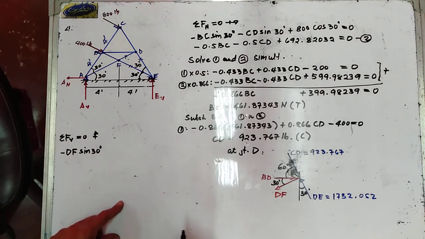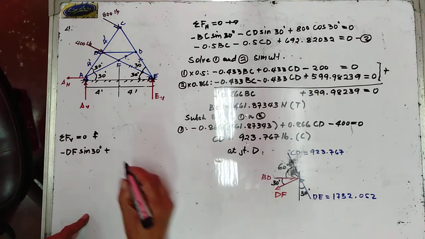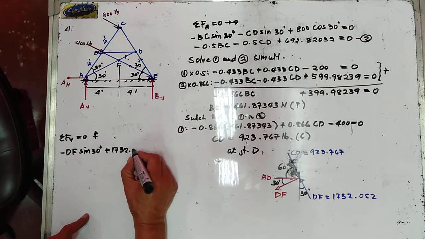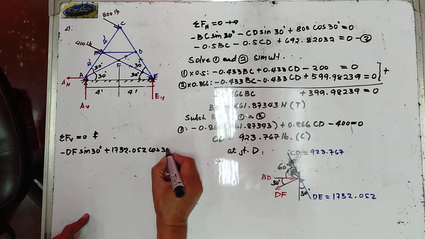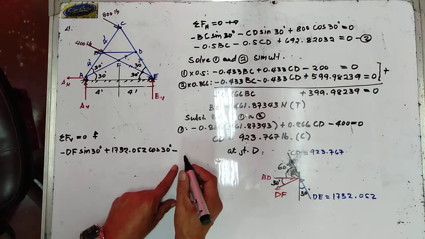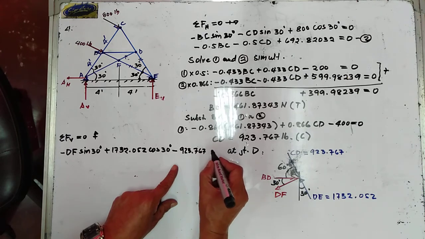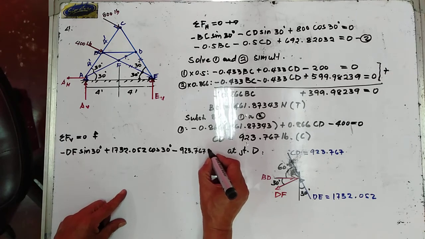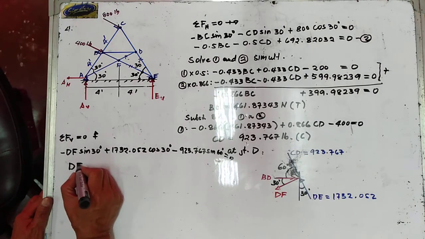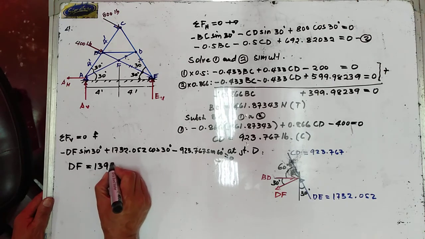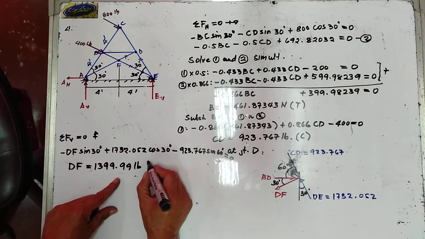And then plus your DE, 1732.052, cosine of 30 degrees, minus CD, 923.767, sine of 60 degrees, is equal to 0. Hence, the value of DF is now equal to 1399.99 pounds. We get a positive value, hence your DF is in tension.